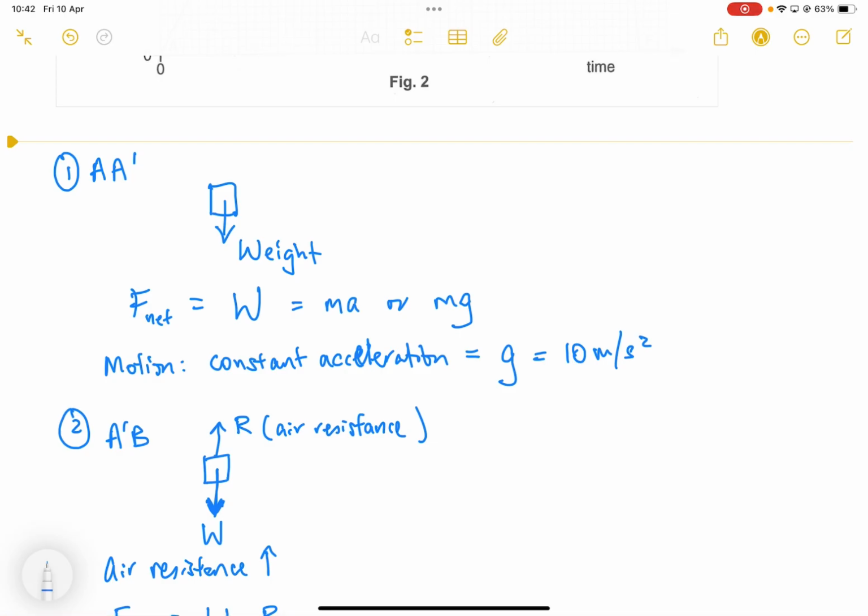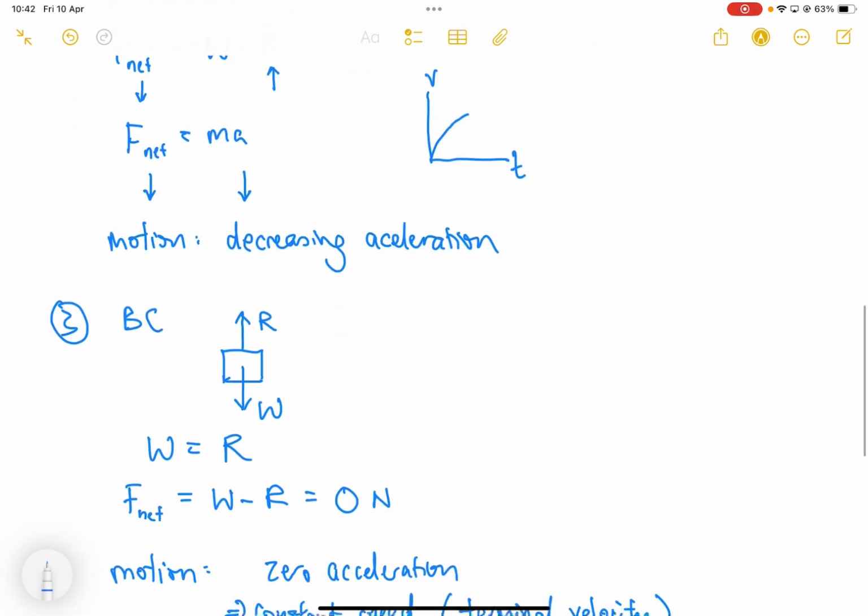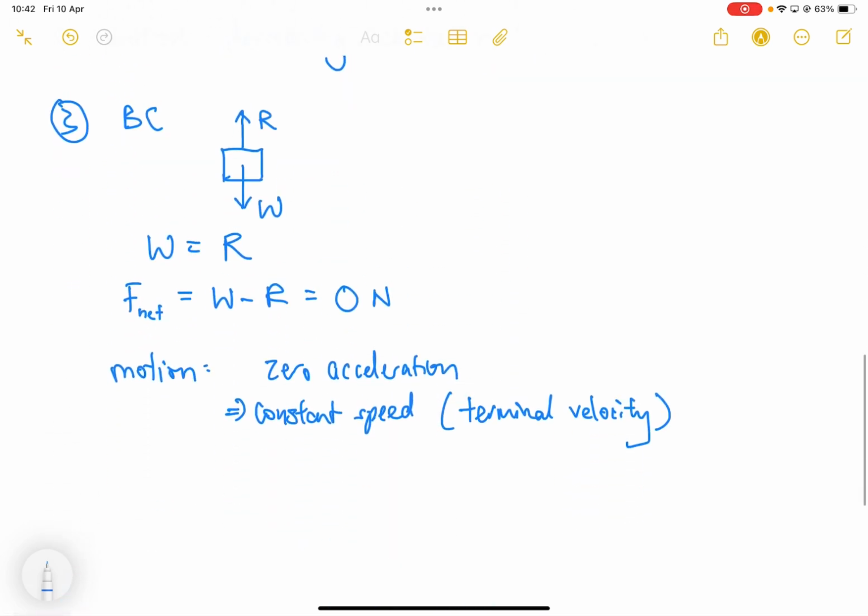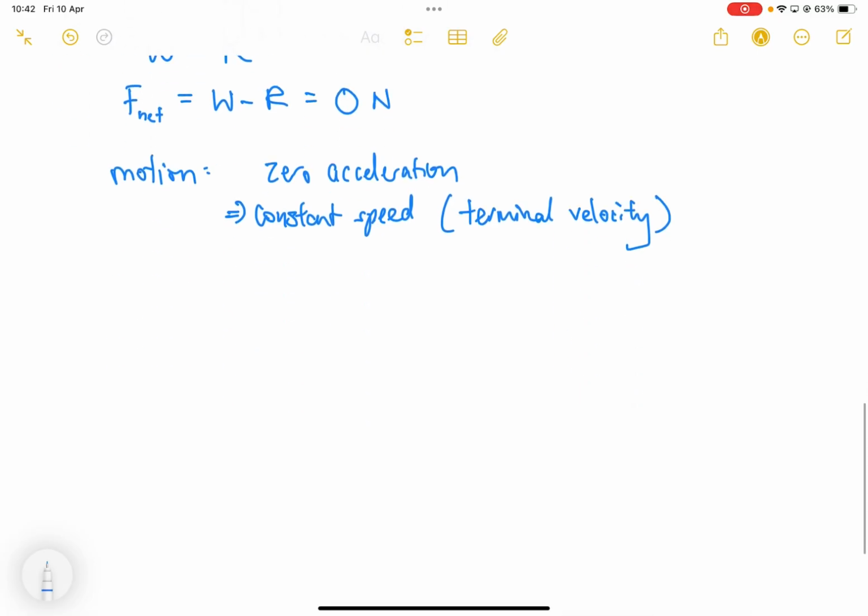That was part 1. So over here now, the forces are equal. Upward force equals downward force, resultant force is 0, therefore it's traveling at constant speed, no acceleration. Is that okay? Okay, next.